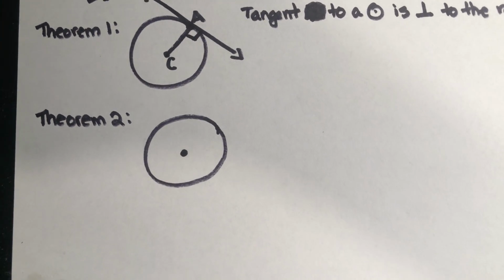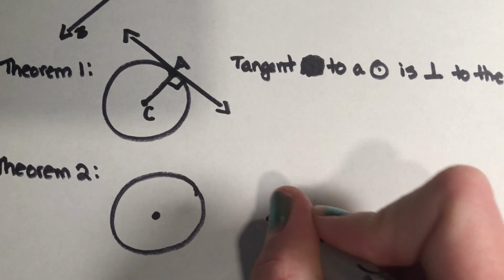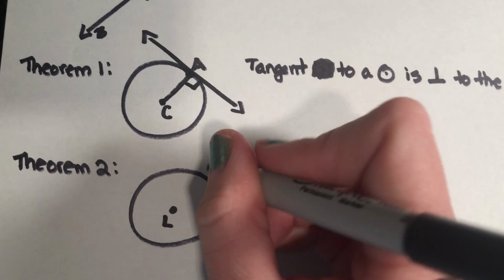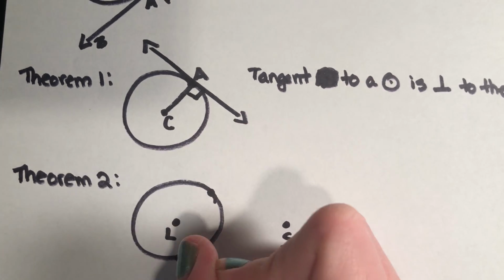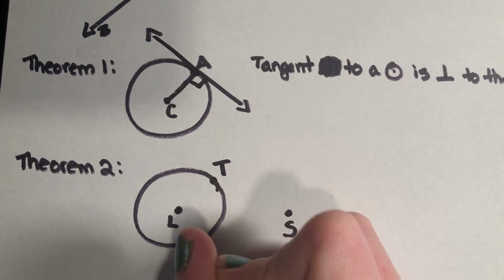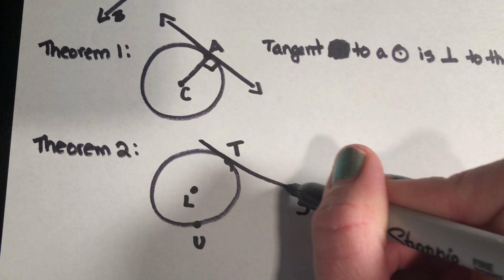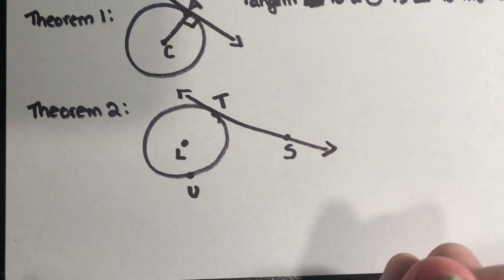So what does this look like? Well, let's say that we have point S outside circle L. And we're going to have two tangent lines here. Let's go TU. Draw one tangent line. Should be straight. It's not. You guys all know my drawings.